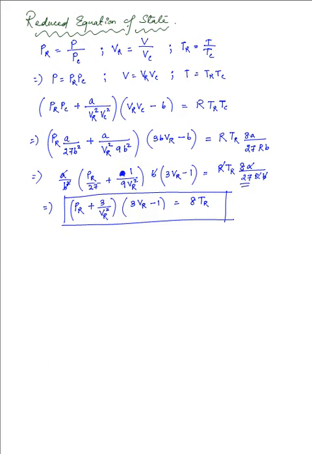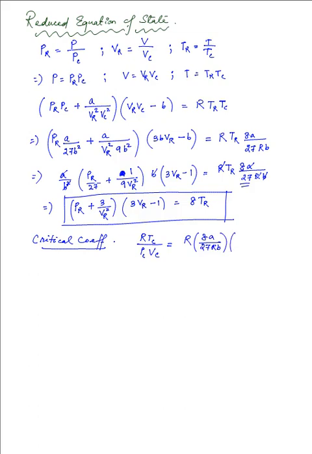Now the critical coefficient, that is the ratio RTC over PCVC, is known as the critical coefficient. That is RTC over PCVC, and that is equal to R times TC, as we know it, as 8A over 27 RB multiplied to this.